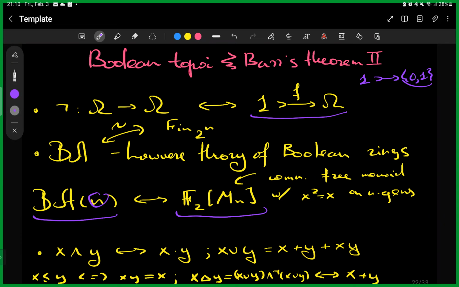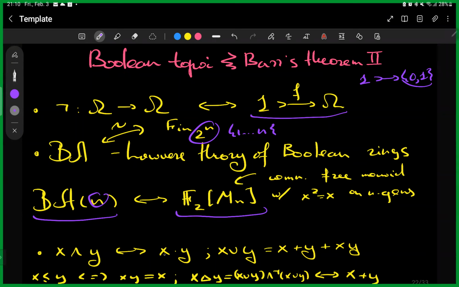So 2^n corresponds to a power set of an n element finite set, and this means that we can endow such a set with an algebraic structure which corresponds to intersections, unions, stuff like that.